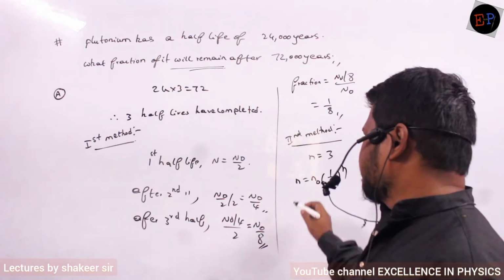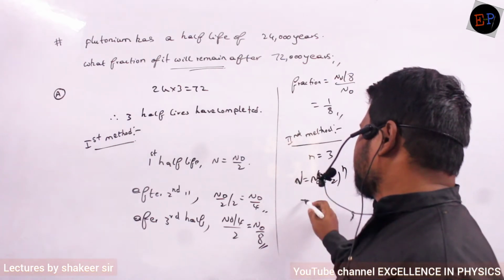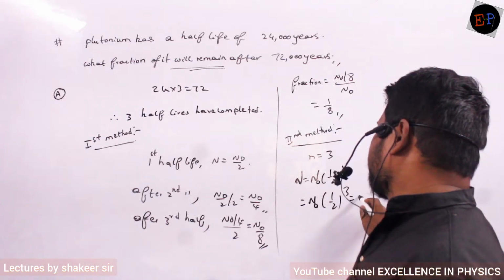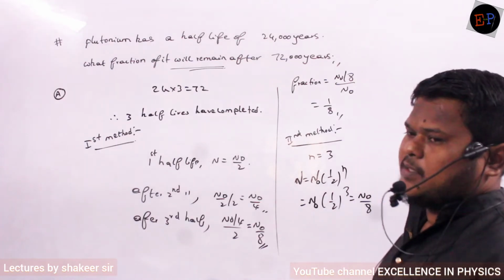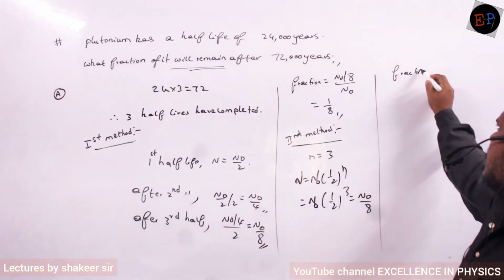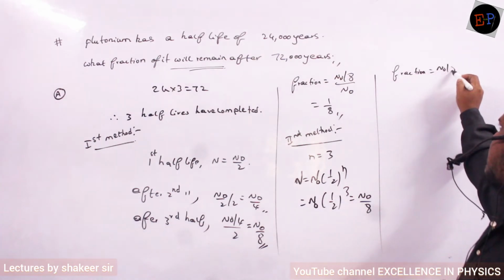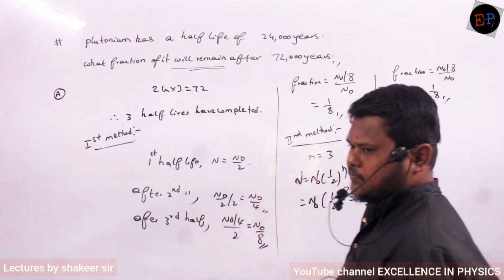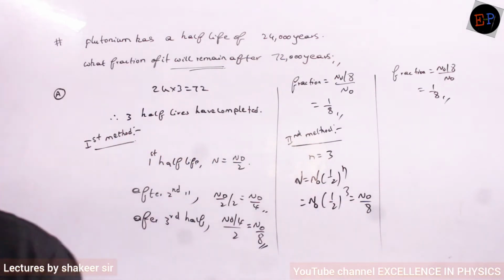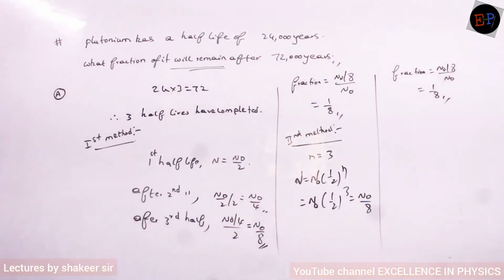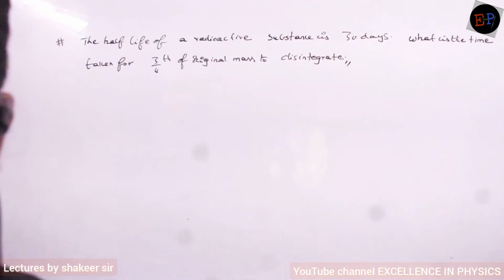This is the equation. So therefore n naught multiplied by 1 by 2 power 3, n naught divided by 8. Again fraction, how can you calculate? N naught by 8 divided by n naught, 1 by 8. That is the answer. So 1 by 8 is the fraction of atoms still ready for disintegration. That is the meaning of it.